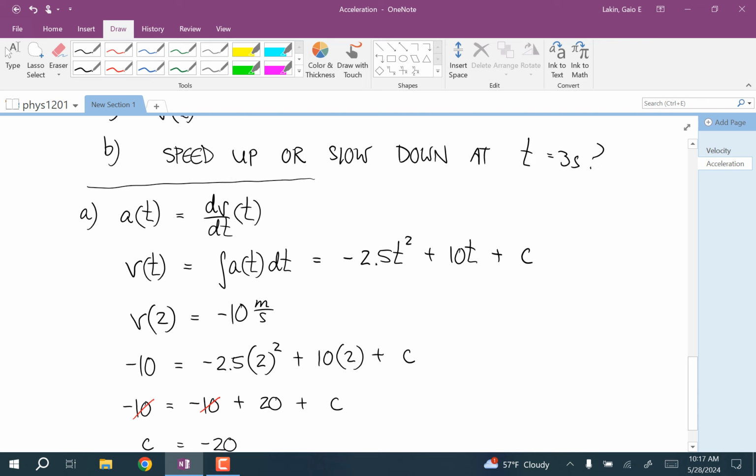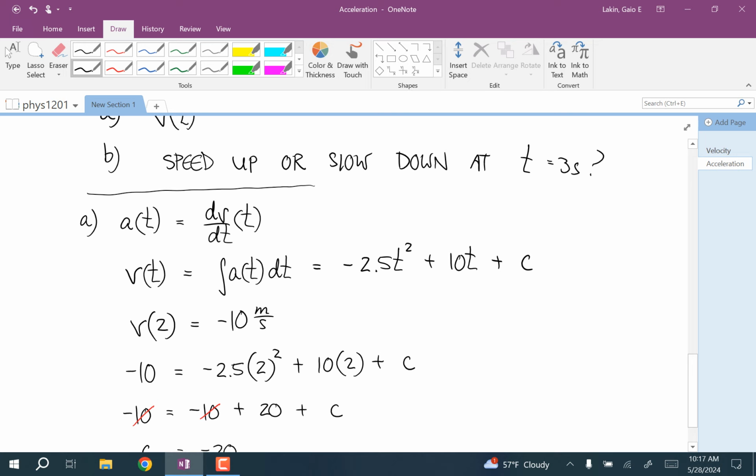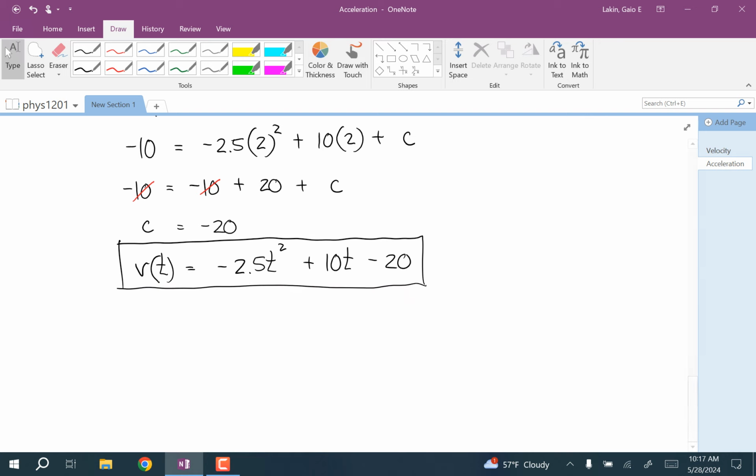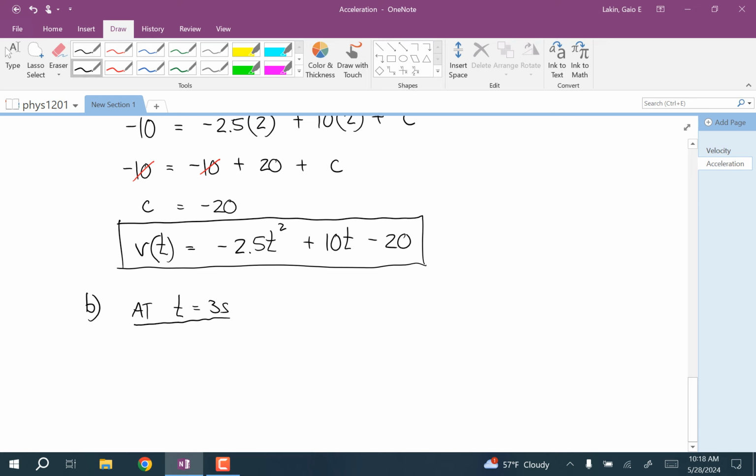Now that we have that velocity function, we want to use that to figure out at a different time, 3 seconds, is this speeding up or slowing down? Well, at time 3 seconds, we can plug 3 into this velocity function to figure out what the velocity is. We have negative 2.5 times 3 squared plus 10 times 3 minus 20.